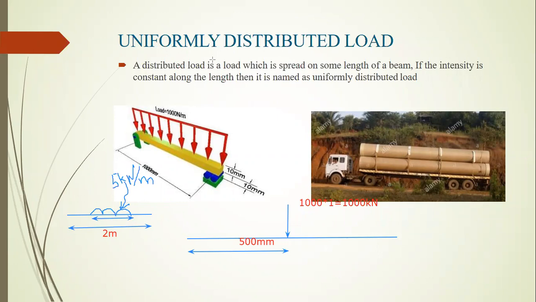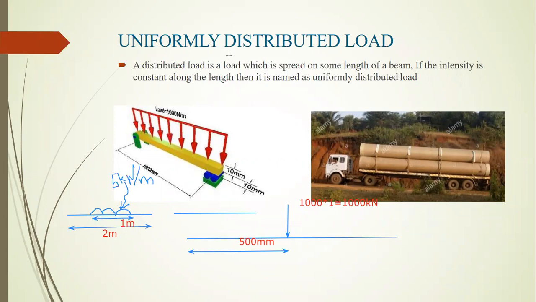If the load is acting over a distance of center 1 meter, then in order to find the equivalent point load, what you have to do is write the beam again. It is 2 meter length. What will be the intensity? 5 kilonewton per meter into 1 meter, because the distance it is acting is 1 meter.